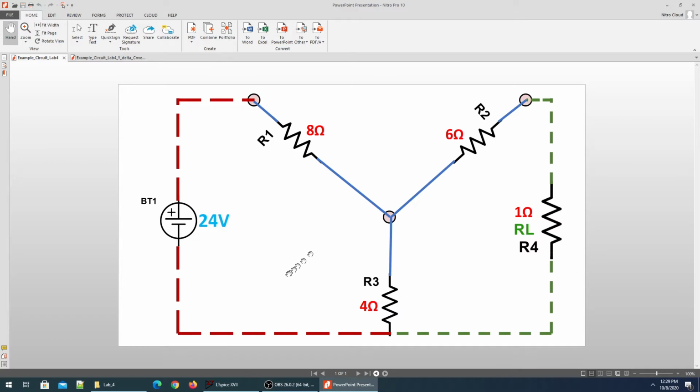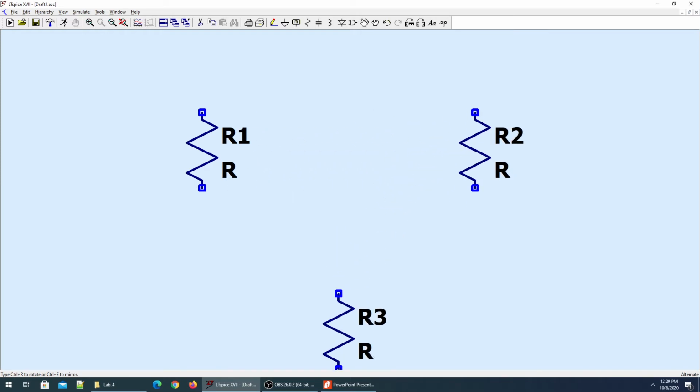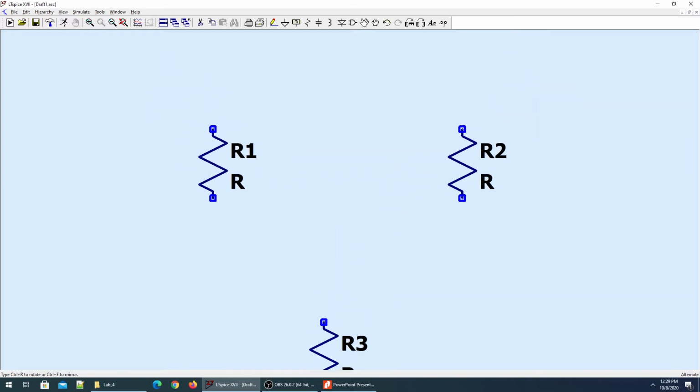So let's start with this circuit. We need 3 resistors. Let's go to LTSpice, open the schematic, bring in the resistors R1, R2, R3, and I'll put the load resistance over here.